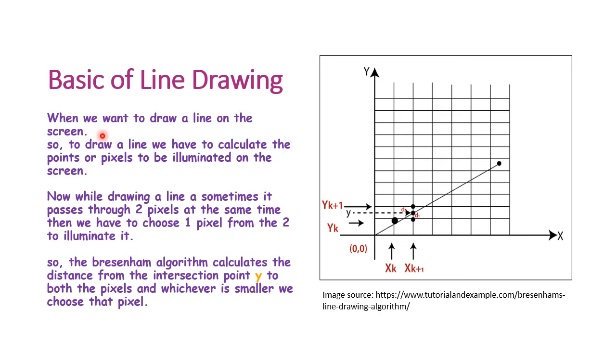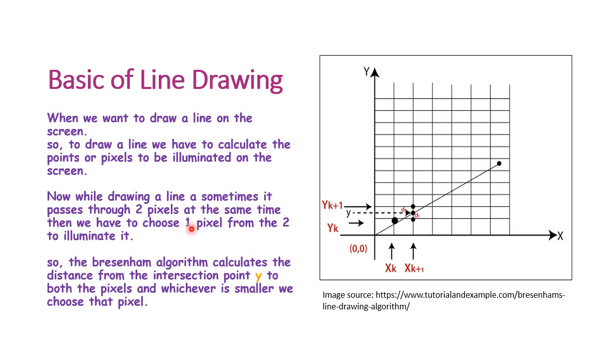Now we'll see the basics of line drawing. When we want to draw a line on the screen, we have to calculate the points or pixels to be illuminated on the screen. Now while drawing a line, sometimes it passes through two pixels at the same time.